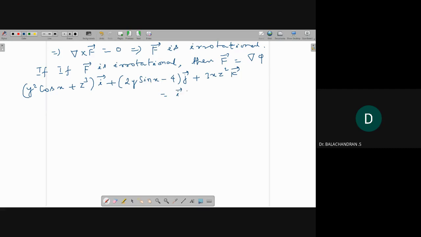Del phi is i vector into ∂φ/∂x plus j vector into ∂φ/∂y plus k vector into ∂φ/∂z. Now you should equate component wise.